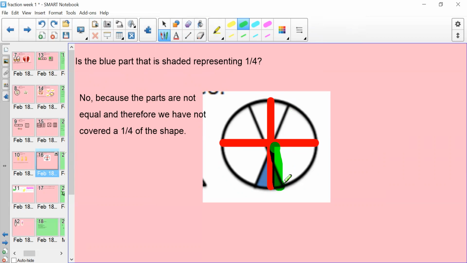And then you can definitely see, just by looking at the 2 different colors, that the green is much more than the blue. So you can also see that the green is a quarter because we've split that circle equally now. So we definitely hadn't represented a quarter with that blue coloring because the sizes were not the same, they were not equal.